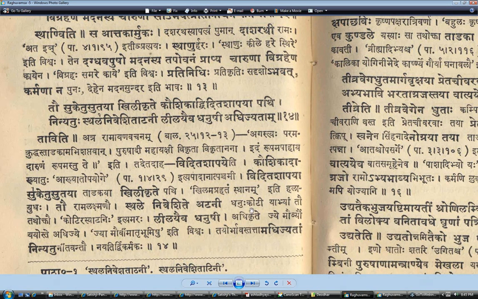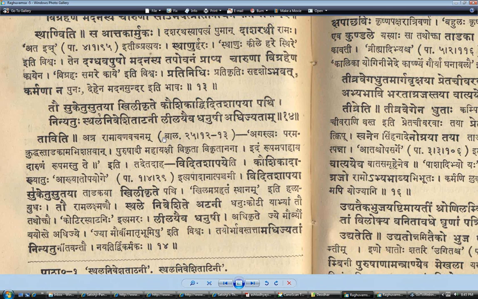Dhanuh Koti, Atani equals Dhanuh Koti. This is a bit confusing because within the Vigraha Vakyam, he is giving the Vritti also. So the Vigraha Vakyam only is Sthale Niveshite Atani Yabhyam Tau. Yabhyam Tau. Tathoktau.